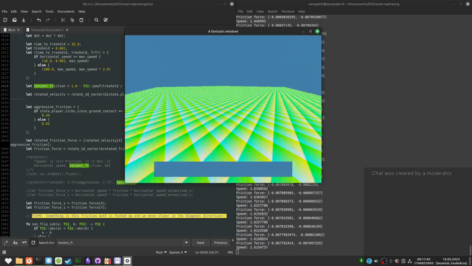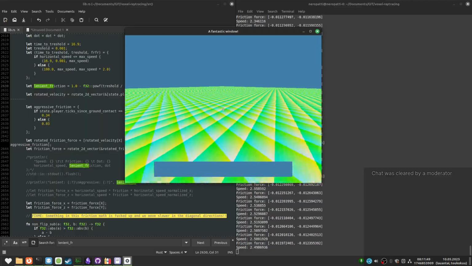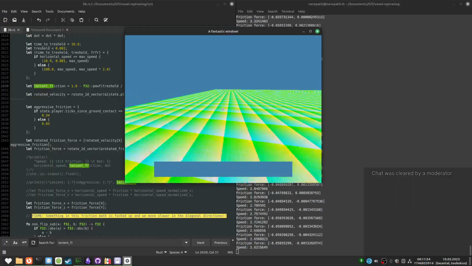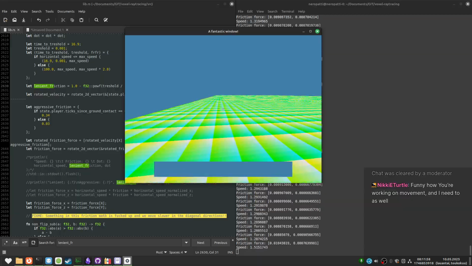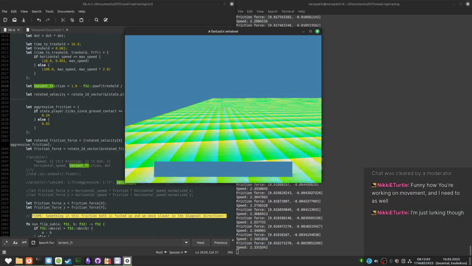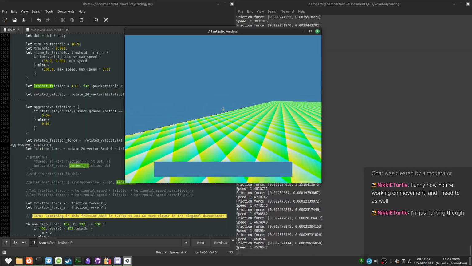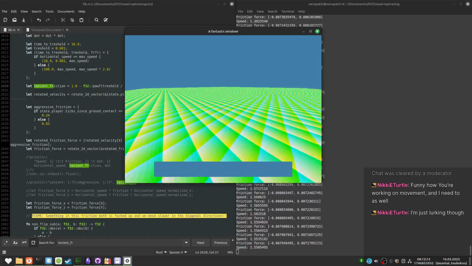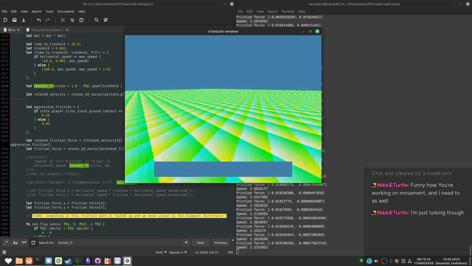Go fully diagonal. There. I have no idea what this math is doing. Like on the world axis, it's behaving differently.